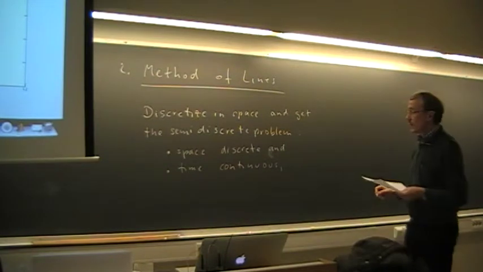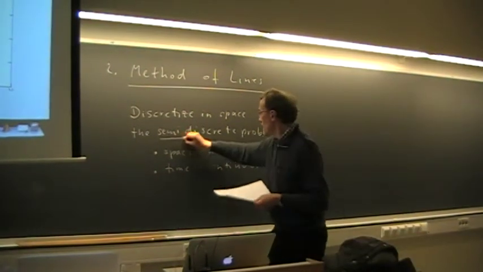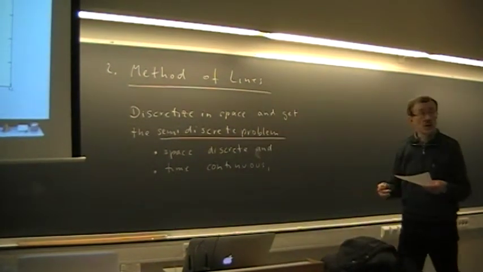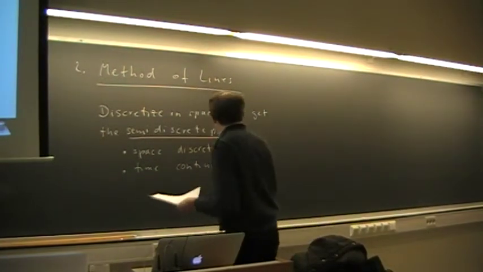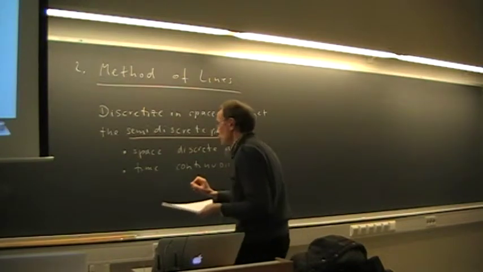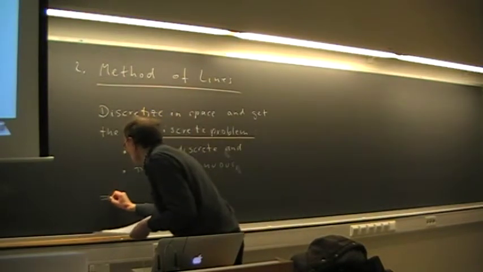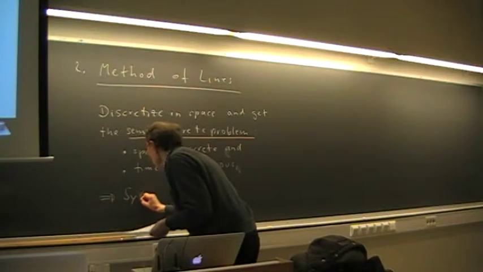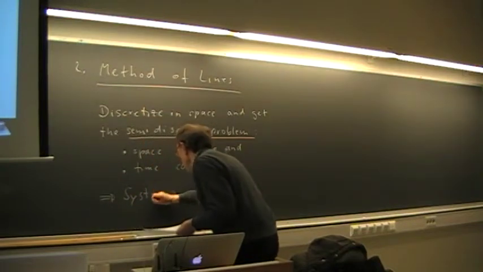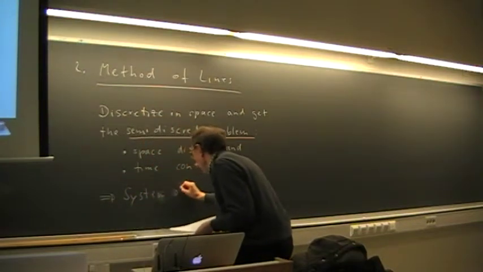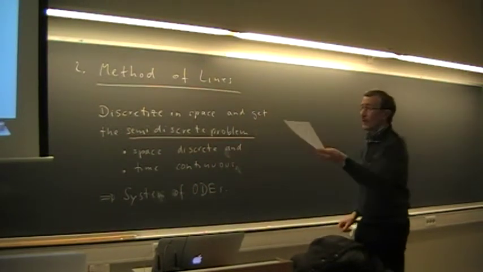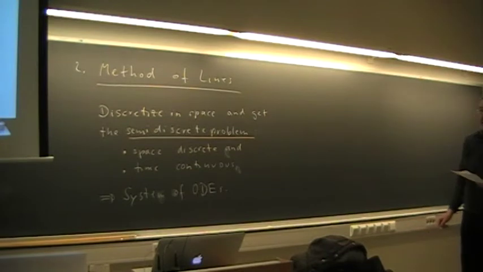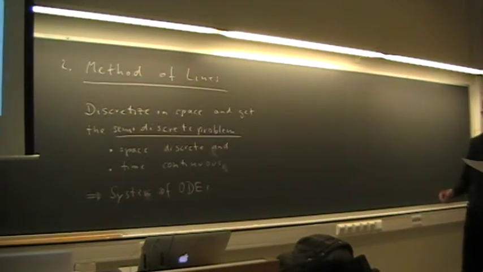And what we get is then a system of ODEs. And in the case of the finite difference method, then they are defined just at the nodes, at all the grid points.